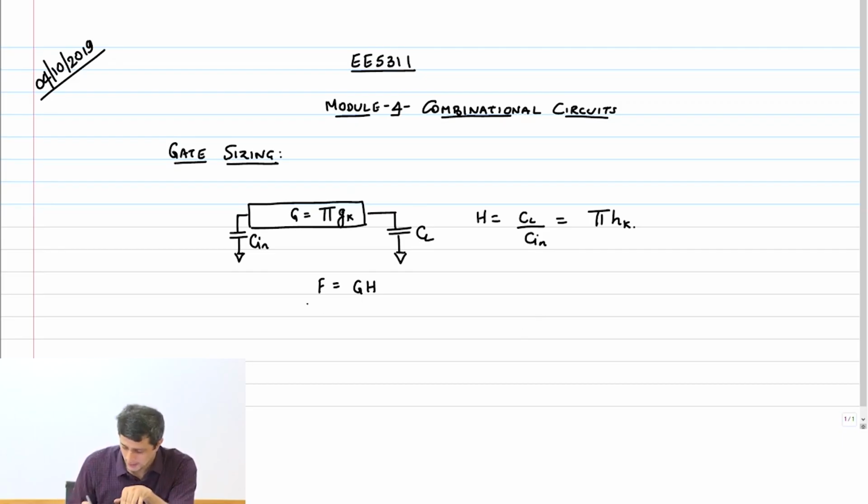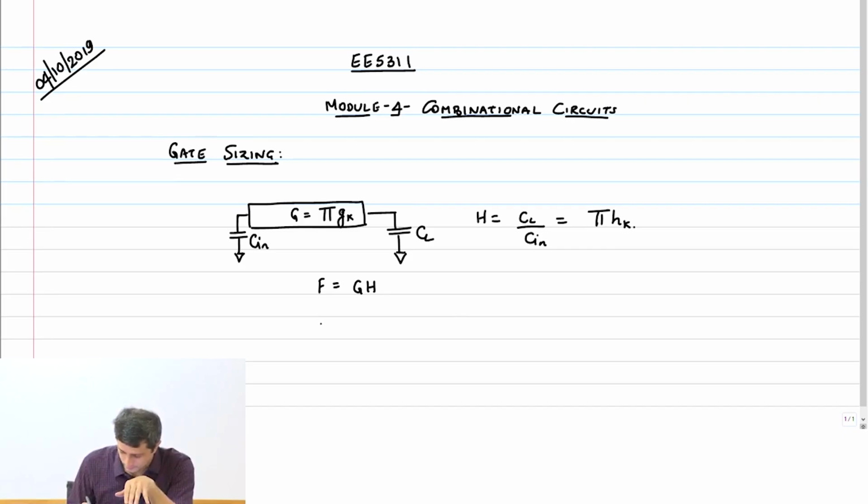right? And we said that in order for the delay to be minimum, each gate had to do equal effort. Of course, the equal effort is not in terms of arithmetic mean, it's in terms of the geometric mean, F power 1 by n kind of thing.